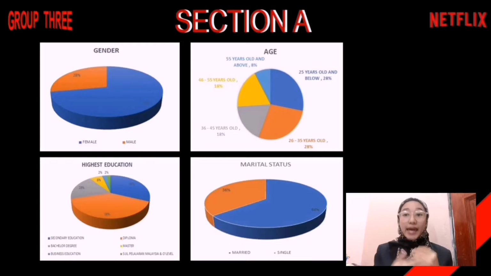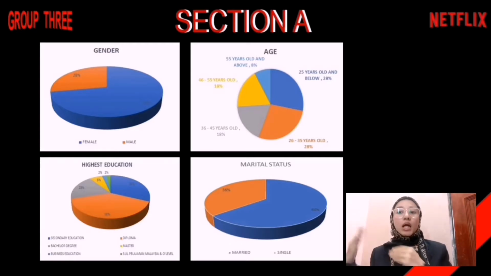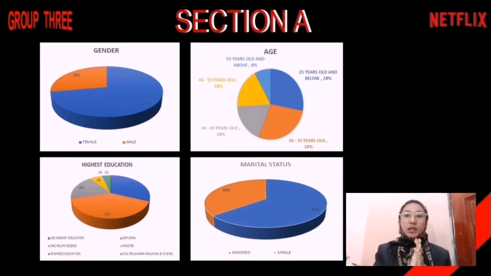The majority of those who answered this questionnaire are 25 years old and below, and 26 until 35 years old, at 28%. Then 18% each for ages 36 until 45 and 46 until 55, and lastly 8% is for above 55 years old.